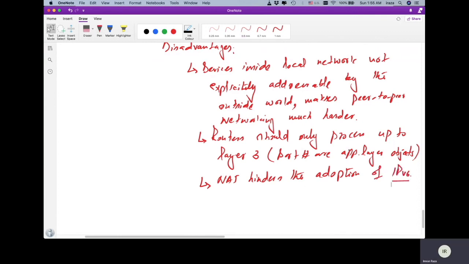So we can easily replace this shortage of IP addresses by deploying IP version 6. But NAT is also creating a problem in this case.